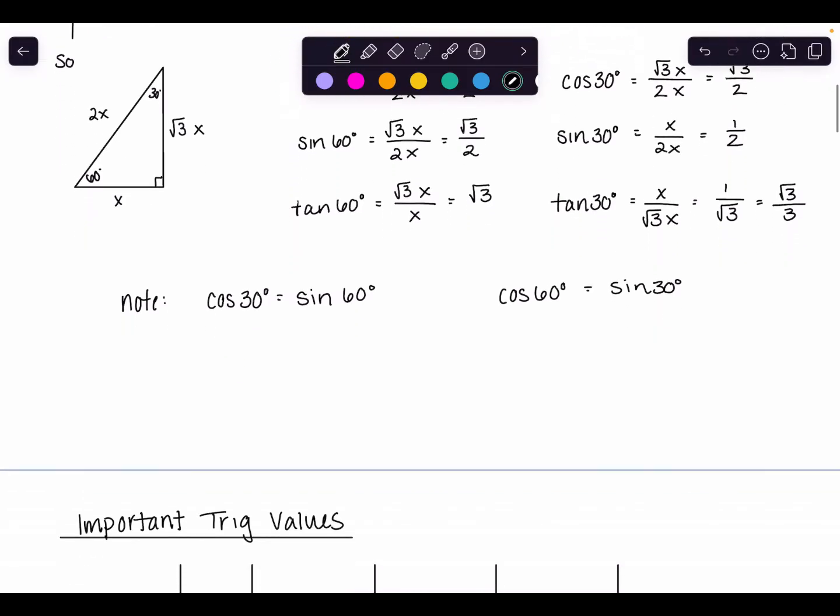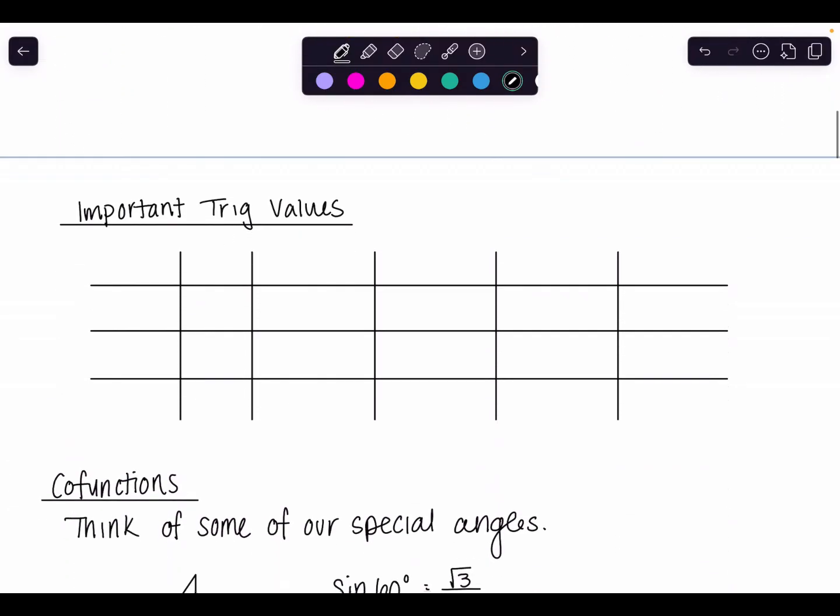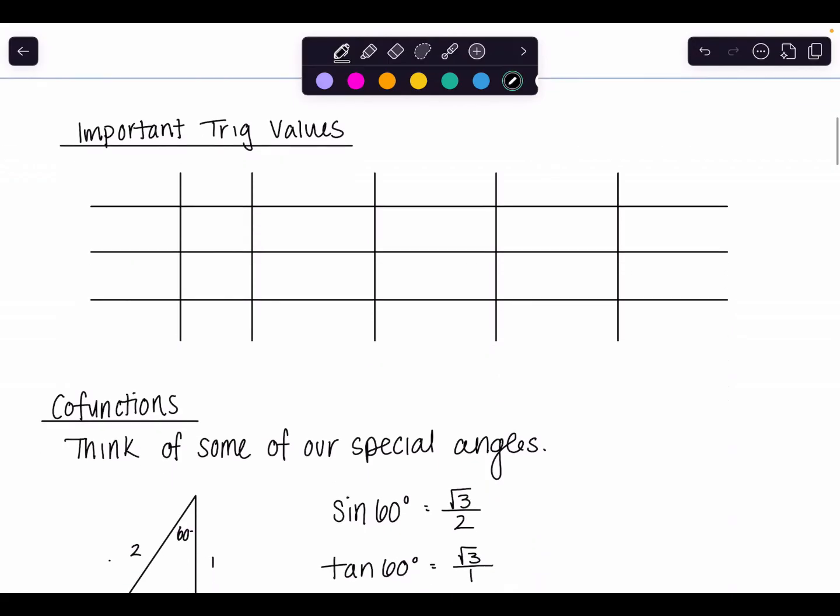So these are trig values that you are going to have to know like the back of your hand if you're moving on to calculus. You want to be very fluent at being able to know what cosine of 60 degrees is. And then when we get to other important angles, we're about to do reference angles, we're going to have to be able to figure out pretty quickly what cosine of 150 degrees is, what sine of 150 degrees is.